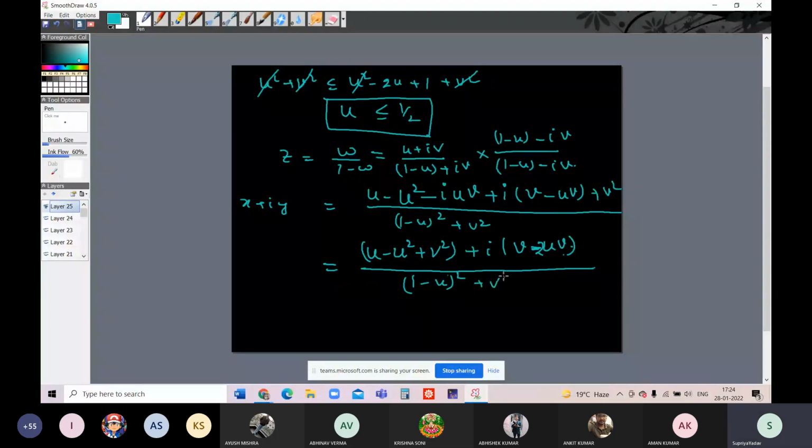So now comparing both sides, real and imaginary part. We need y, so only writing y: y is (v − 2uv) divided by (1 − u)² + v². Our region is y greater than or equal to 0. It means this quantity is greater than or equal to 0, and this will imply that v is greater than 2uv.